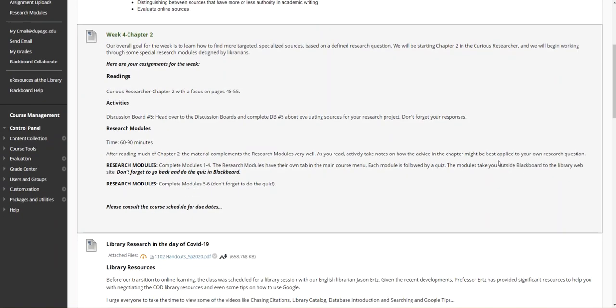The assignments for the week, of course, is reading chapter 2. You want to focus on pages 48 to 55. There is a discussion board activity this week, discussion board number 5. It's about evaluating sources for your research project. Don't forget your responses there. I think evaluating sources is a very important component of research nowadays.